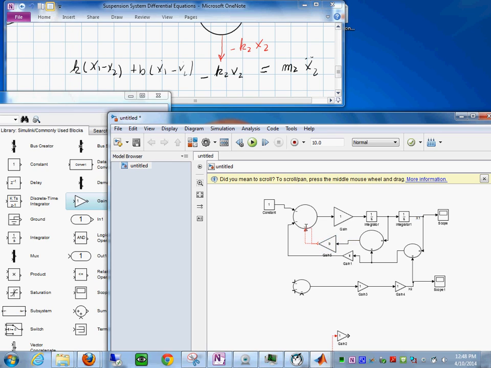And then we connect it over here. It's getting there. So we got done with the first equation.